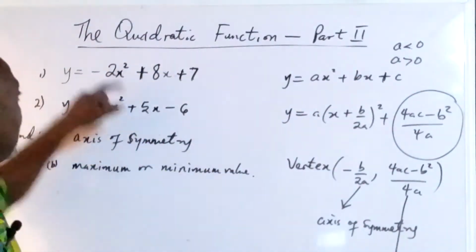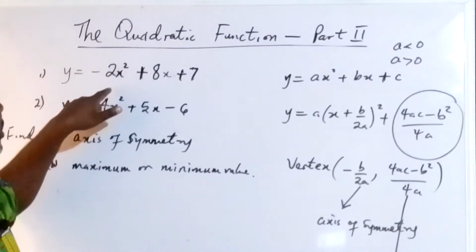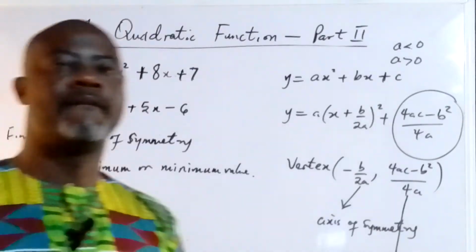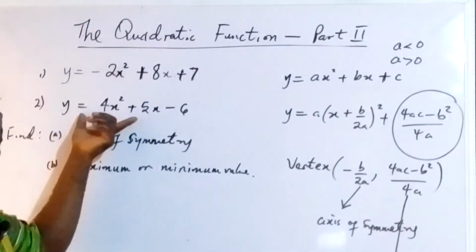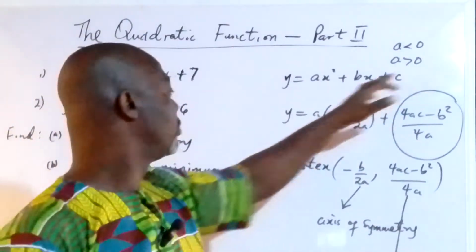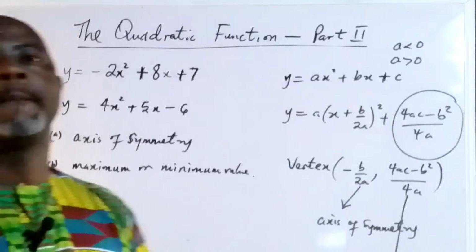In that case, the value of y, the value of this function, is going to have a maximum value. While in the case of the second, since a is greater than 0, the value of this function is going to be a minimum.